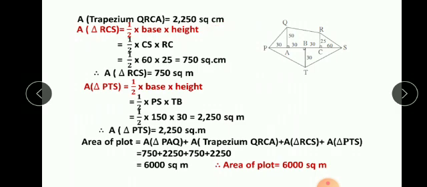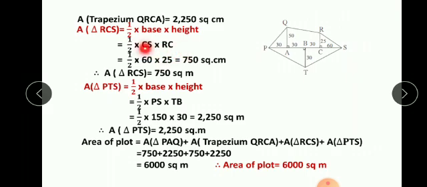Now let us take another triangle. Which triangle? Triangle RCS, the third triangle. This is the first, this is the trapezium, and this is the next triangle RCS. So what is the area of triangle RCS? Again half into base into height. Which is the base here? CS is the base and height is RC. So half into CS into RC.